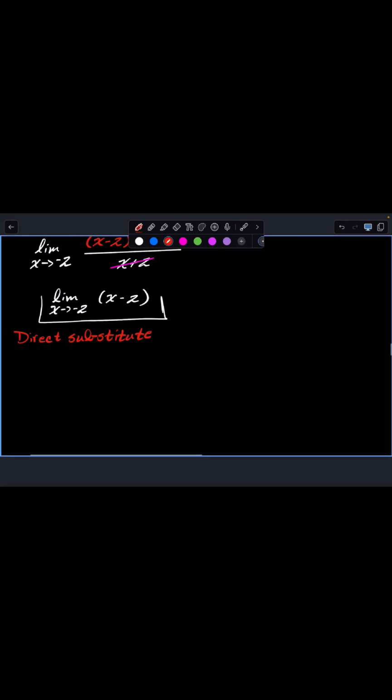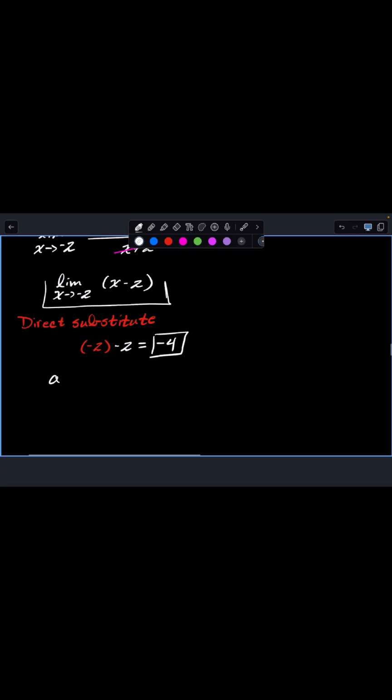So we use direct substitution, so -2 minus 2, and what is the limit, guys? -4. So there's actually a hole, right?